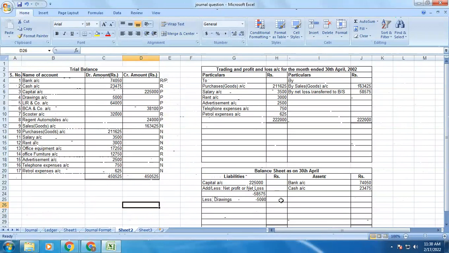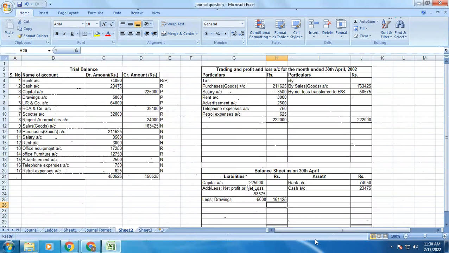Okay, first let us write the amount, how much we are finally left with, which is equal to 2,25,000 minus 58,575, right? Minus, I hope this comes out right, 5,000.